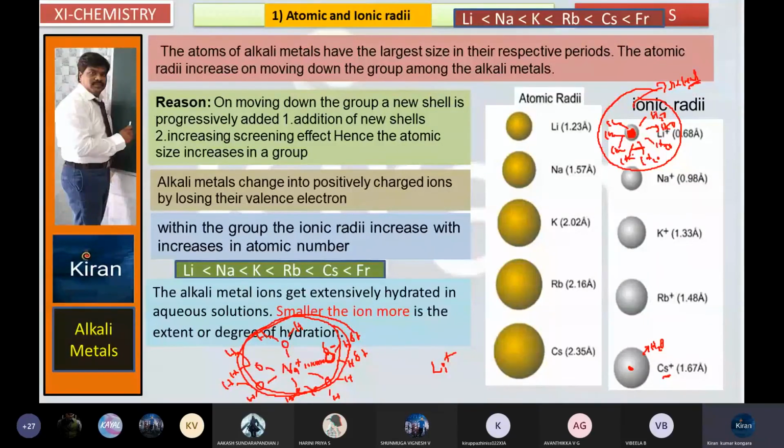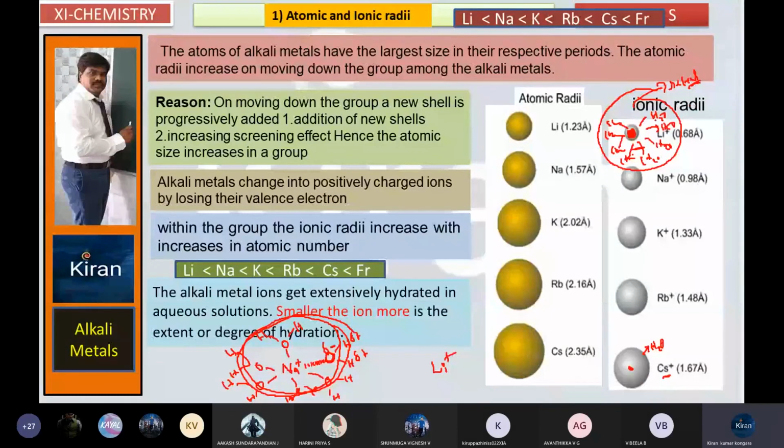Hydration means adding of water. When water attaches to the ions, some amount of heat energy is released, depending upon the number of water molecules. The more water molecules are added to the cation, the more heat energy is released.